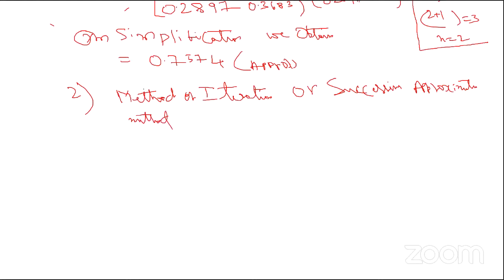In this one, we need to find u. The formula is u equal to (x minus x0) by h.